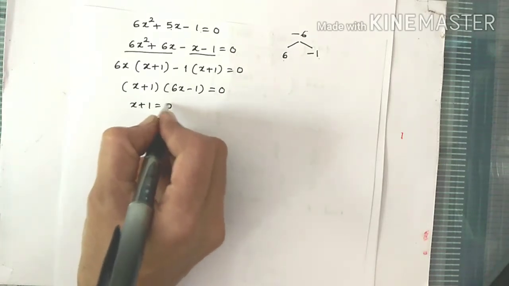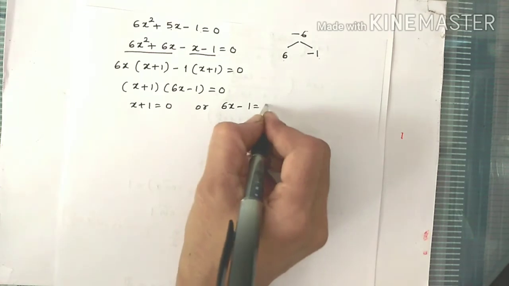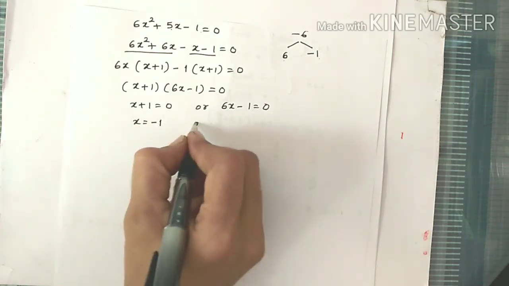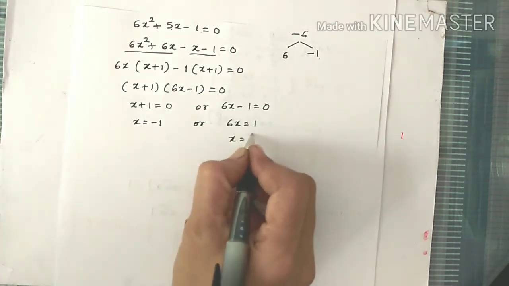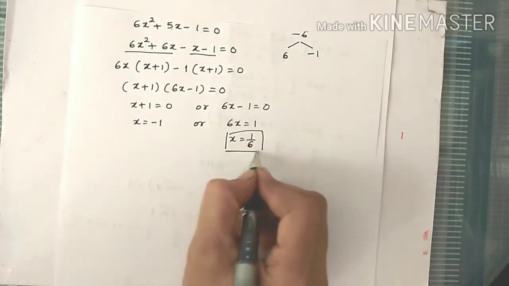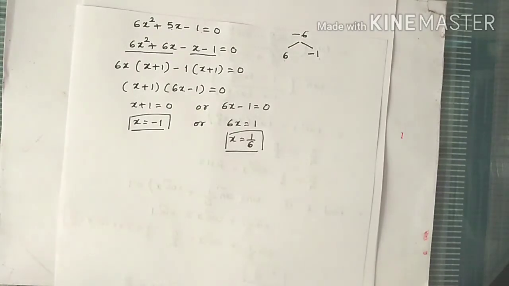So x plus 1 is equal to 0 or 6x minus 1 equal to 0. So x is equal to minus 1 or 6x is equal to 1, that is x is equal to 1 by 6. So these are the values of x.